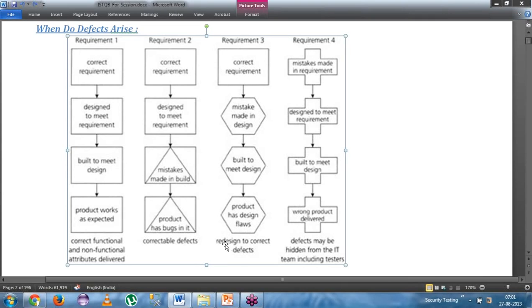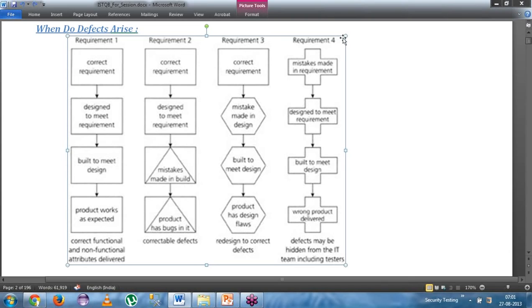So you have to change all the way from here. You have to redesign your mistakes, redesign your particular algorithm, whatever you have done, to correct the defects, and then you have to build it, and then you have to test it. It can be due to any number of factors. It can be due to a functional problem or non-functional problem. Here in particular we have made a mistake in design.